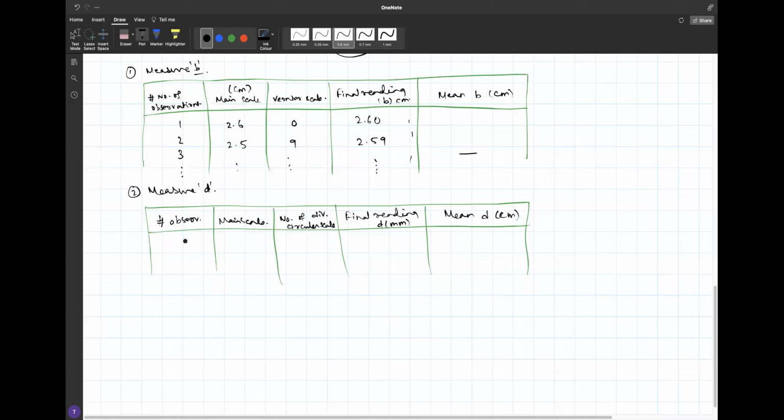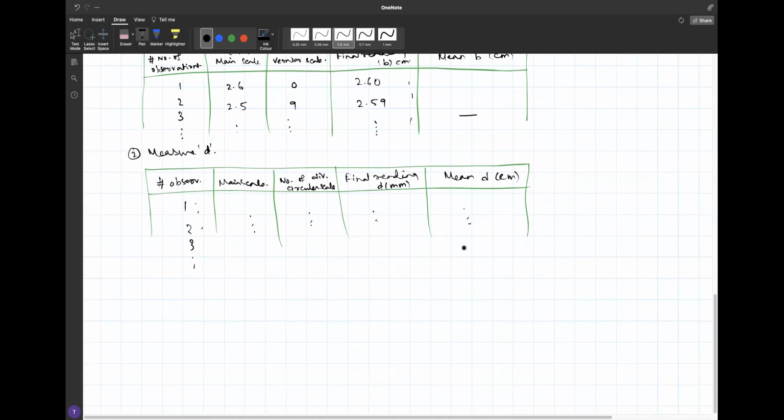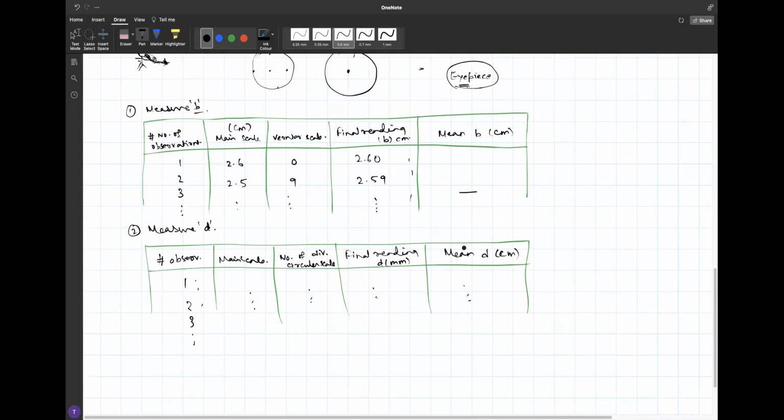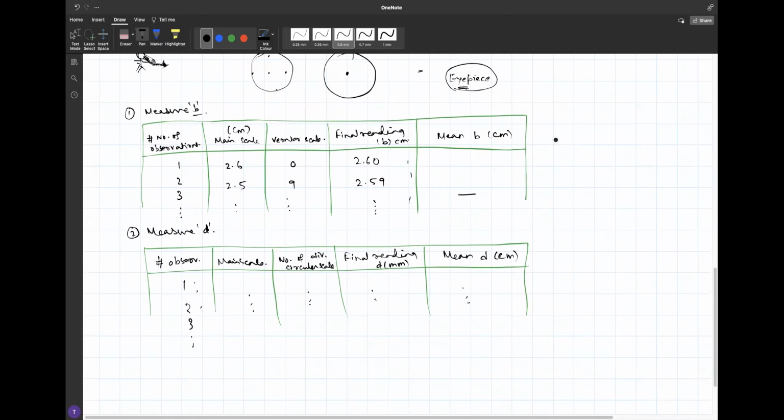Okay, so let's say I have 1, 2, 3, and so on. And the more readings you take, the better mean you get, and it's good for the experiment to get a better value. So you always have to define something called least count. You have to define a least count for both.